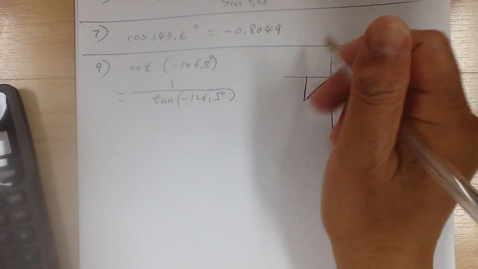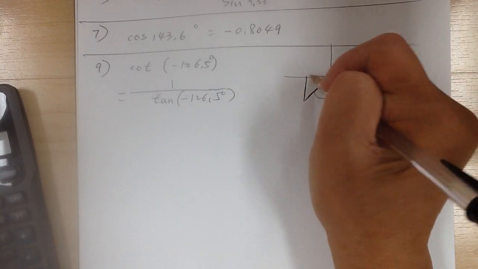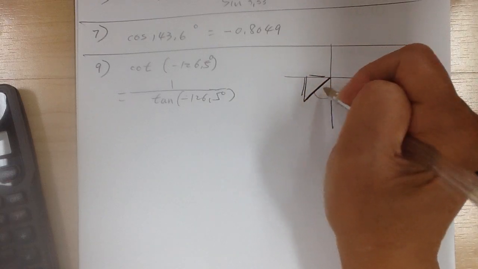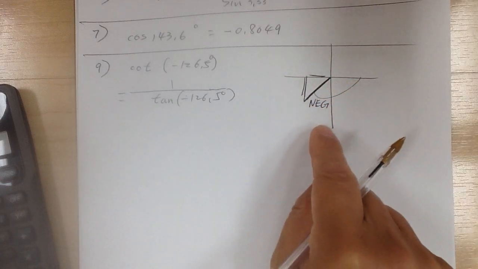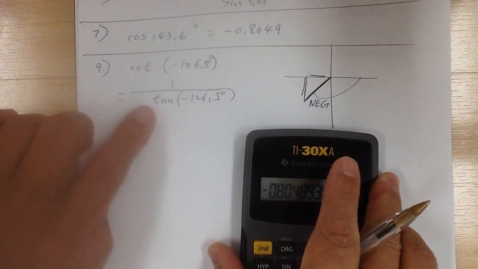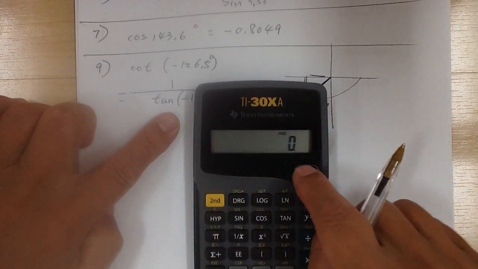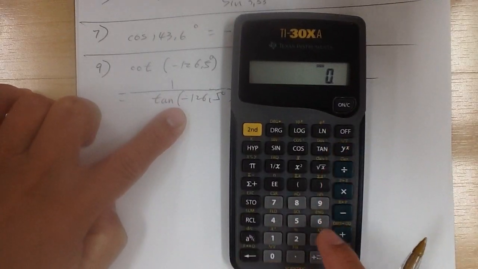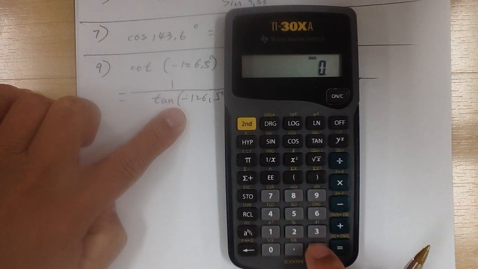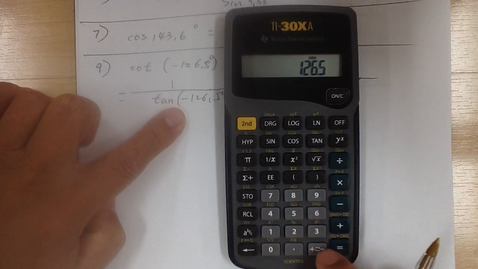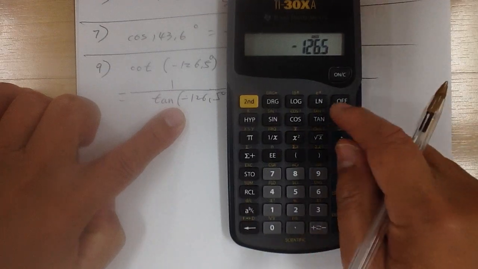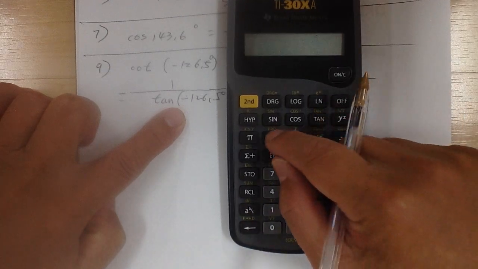Okay, so cotangent is going to be cosine over sine, so this is going to be the slope. So notice it's going to be negative. Okay, so your answer should be negative. Okay. And okay, so let's go and do that. So 126.5 negative, and you take the tangent of that, then you flip it over.